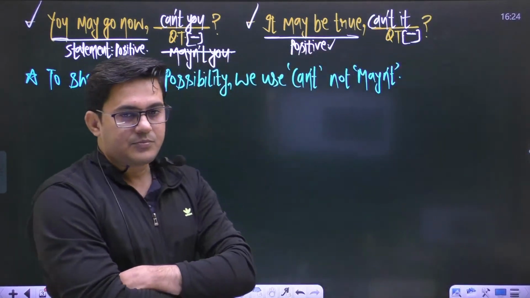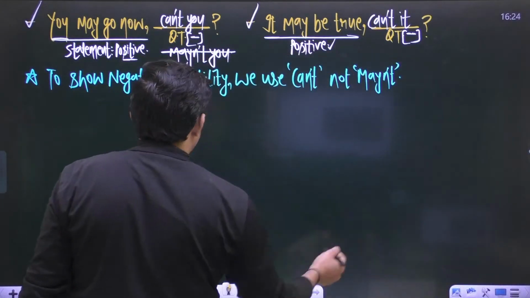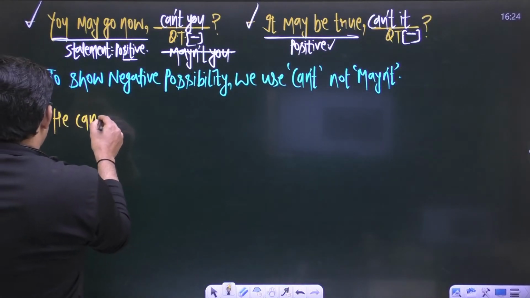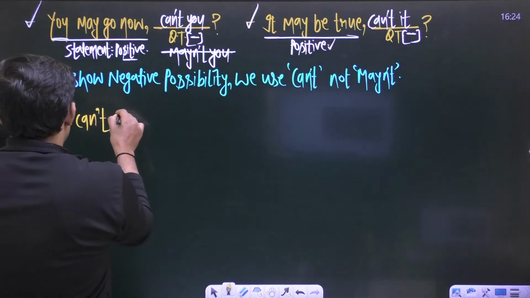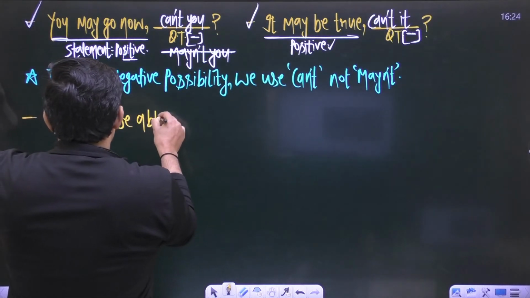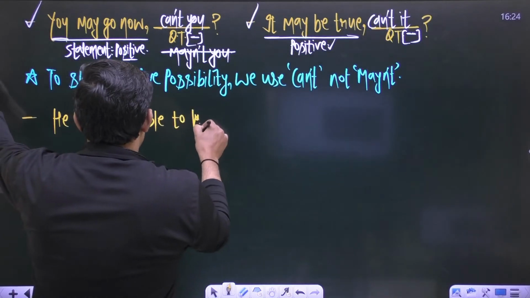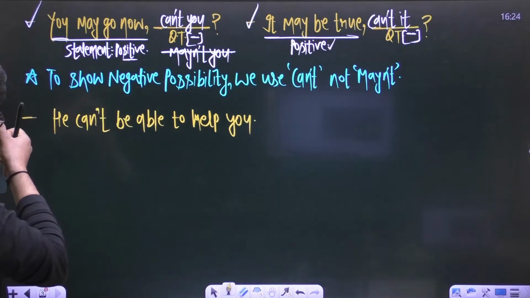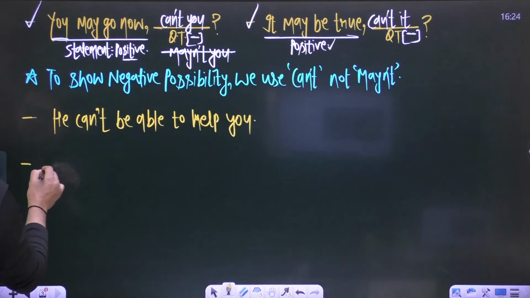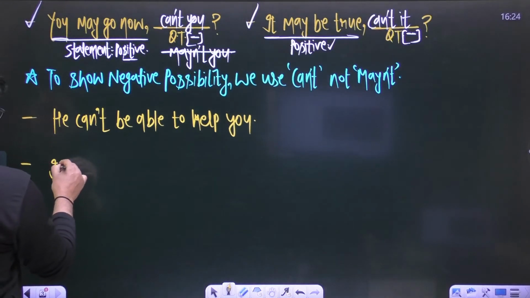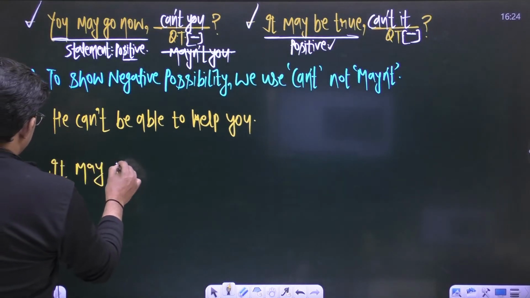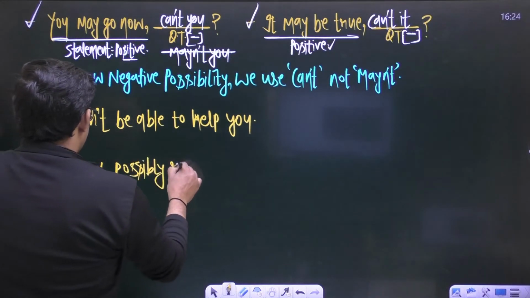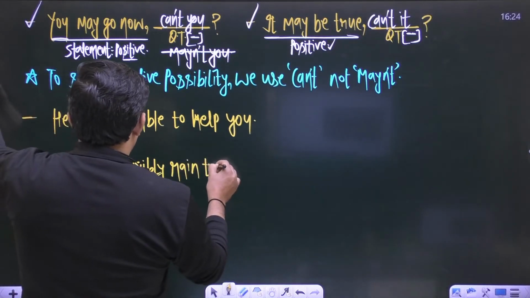Yes. Okay. Next sentence is: he cannot be able to help you, or you can say, it may possibly rain today.